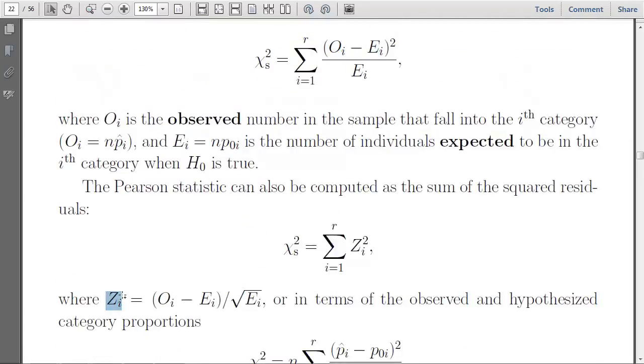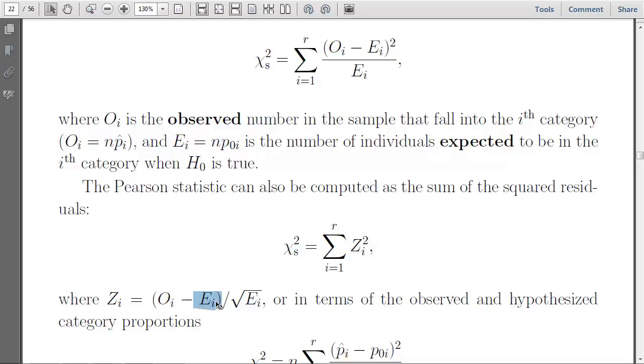That is z. So if you square this quantity, z squared, that's the same as this right-hand side at the top. We'll see it in a few different contexts. Z is basically, for category i, how different what we observed was from what we expected. And that will tell us for which category the null hypothesis was contradicted.